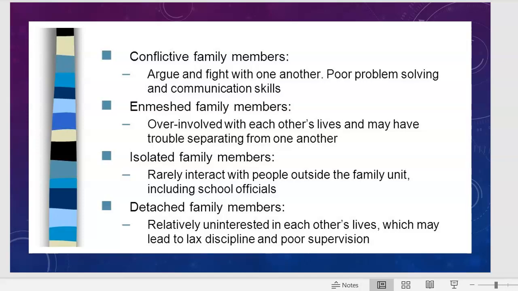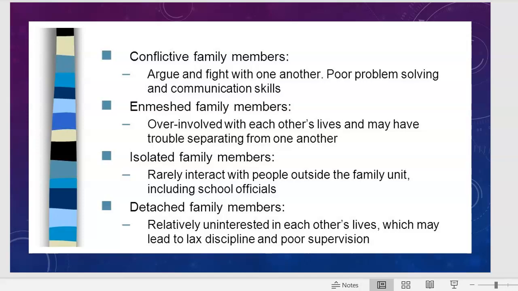The third reactive pattern is where family members are too isolated. They rarely interact with people outside the family unit. It may especially result in difficulties for children in school forming peer relationships and engaging with external activities. And the fourth pattern is where family members are detached.